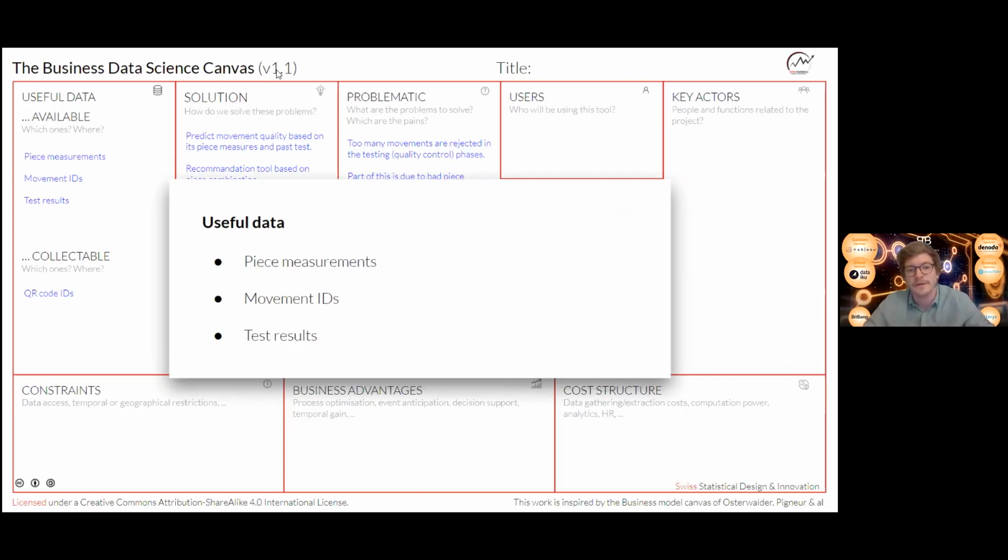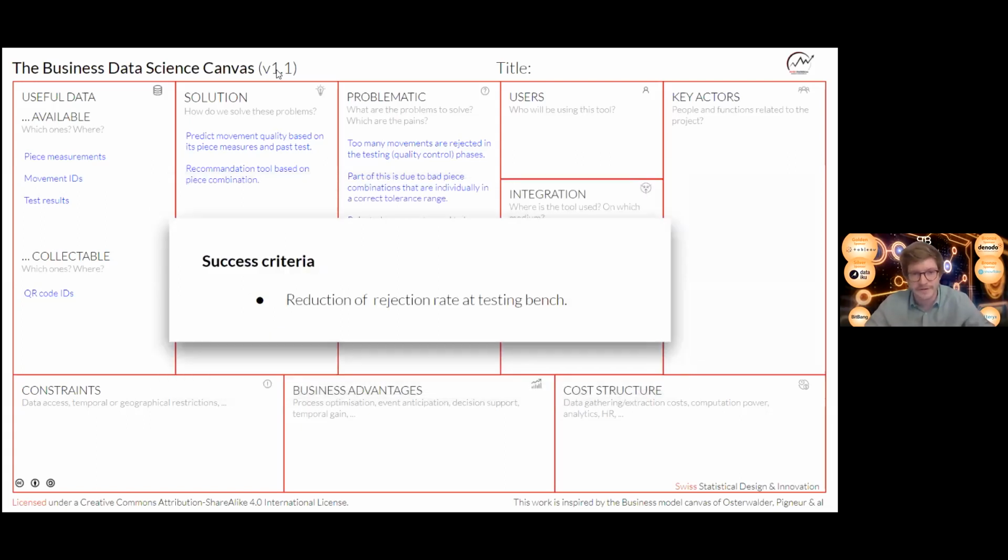But in the watch industry process, it's pretty common that you're missing the movement IDs. It seems surprising, but that's a reality on the field. That's why I suggest putting the QR code ID in the collectible. That's a pretty famous solution, a global concept to have a movement ID identification.